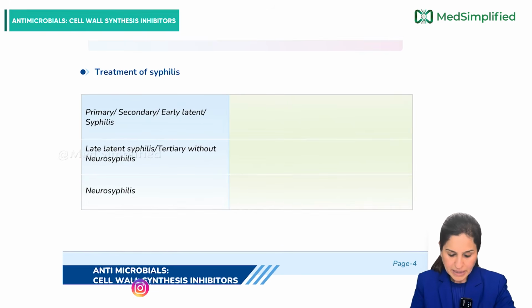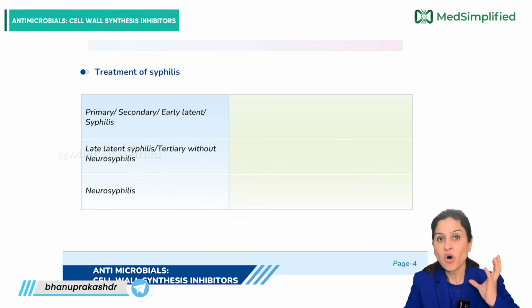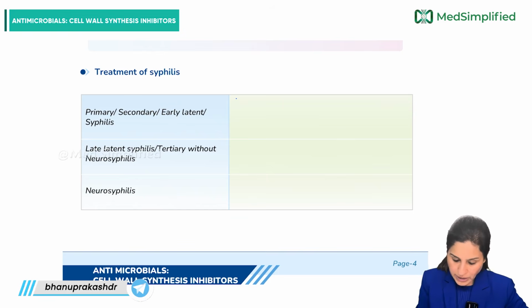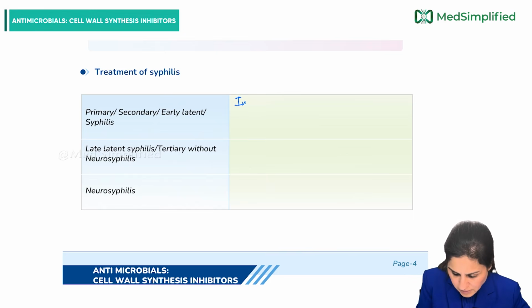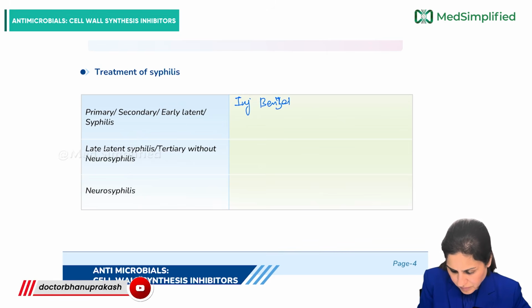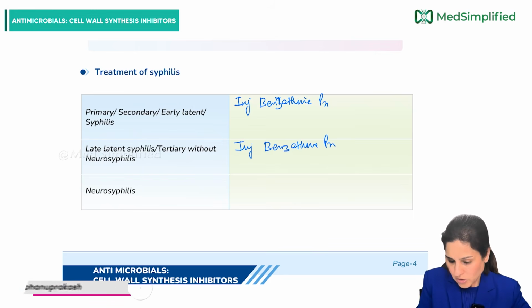Now, remember, depending on the stage of syphilis, we treat primary, secondary, early latent syphilis, and late latent syphilis and tertiary syphilis without involvement of any organ. So, no neurosyphilis, no other organ is involved. In both of these cases, we can use benzathine penicillin. They have a longer half-life, so longer acting also.